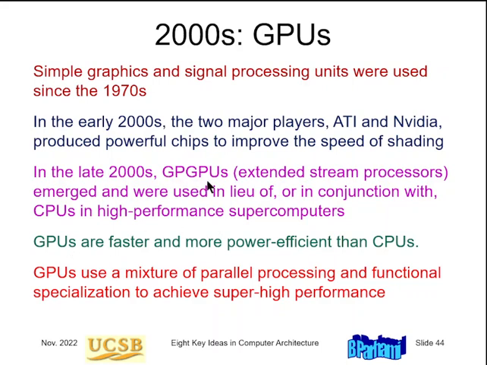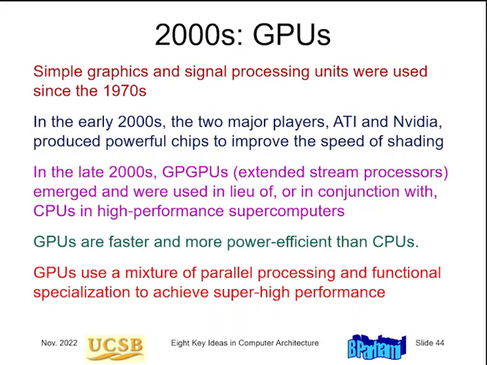So they were no longer just optimized for graphic processing, but they could do a lot of different computations. And these general purpose GPUs are now integral parts of the highest performance computers that we build. I mentioned that high performance computers have millions of CPUs.